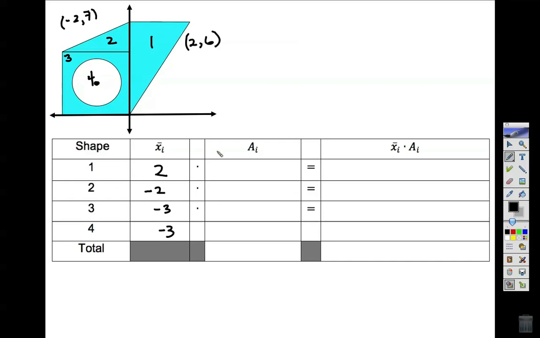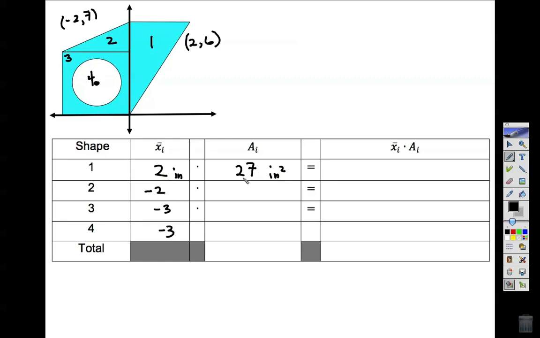Area of shape 1 was 27 inches squared. I am not going to care about areas right now. I'm just using numbers. I'm going to show you how they all end up getting to this one over here. So this is inches squared.